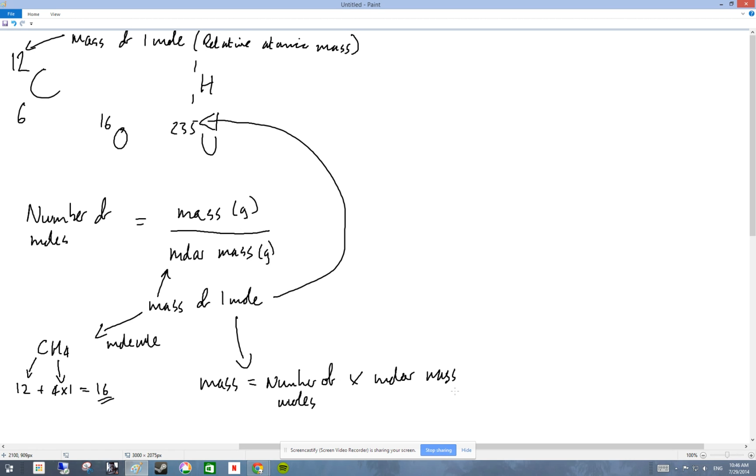So if you know how many moles of something you've got, and you know its molar mass, you can work out how much you've got, literally how much you physically got in terms of its mass.